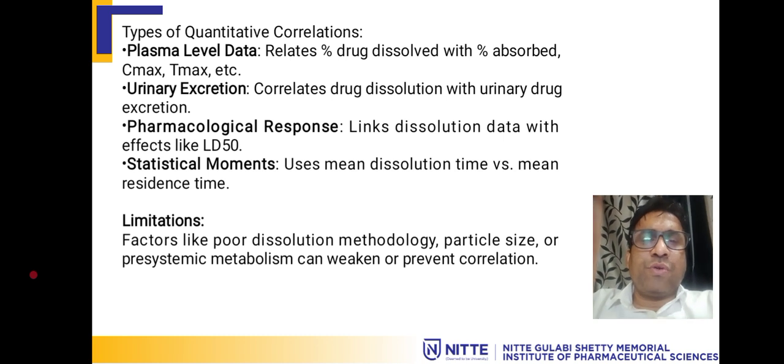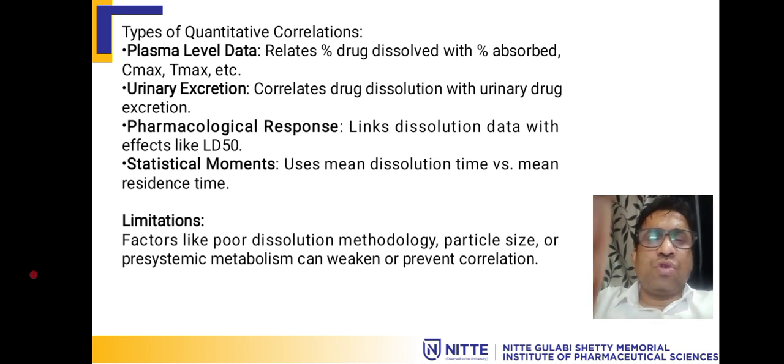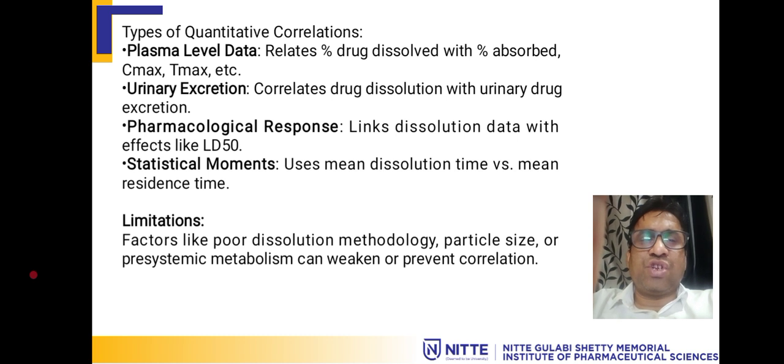Types of quantitative correlation. Plasma level data relates percentage drug dissolved with percentage absorbed. That is, you can have Cmax, Tmax, AUC. So this all is about plasma drug level, how quantitatively we can correlate. Urinary excretion correlates drug dissolution with urinary drug excretion.